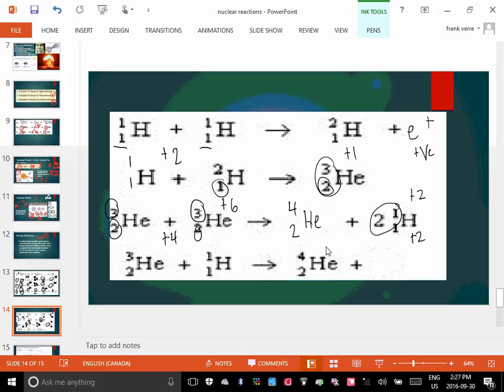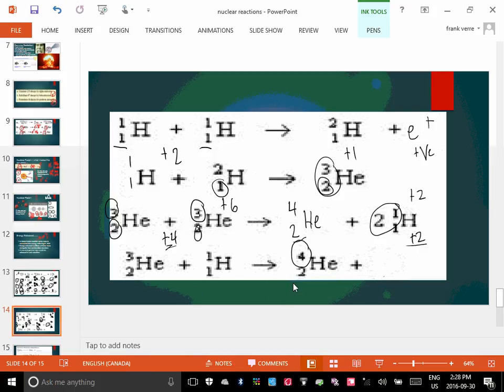The nuclear charge is 2 and 2, which is plus 4, and on the right side it must be plus 4 also. So I need 2 and 2. And this one, 3 and 1 give me 4, so that's fine.